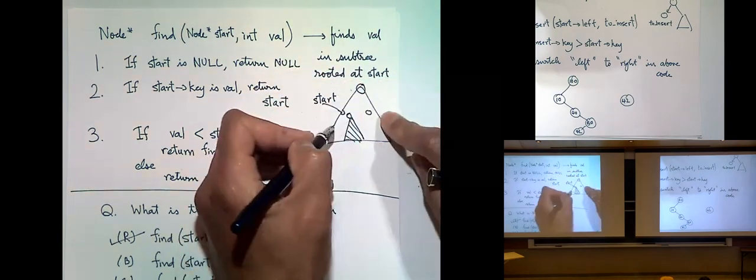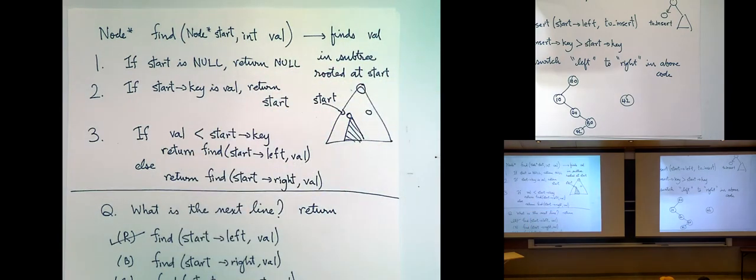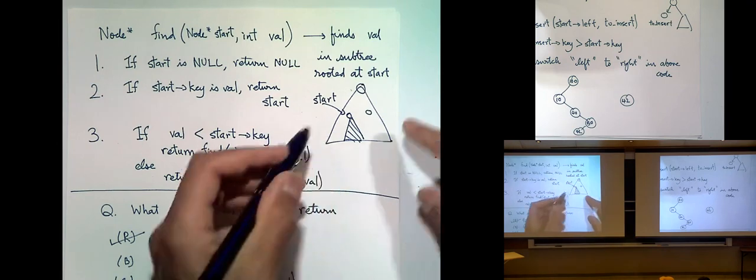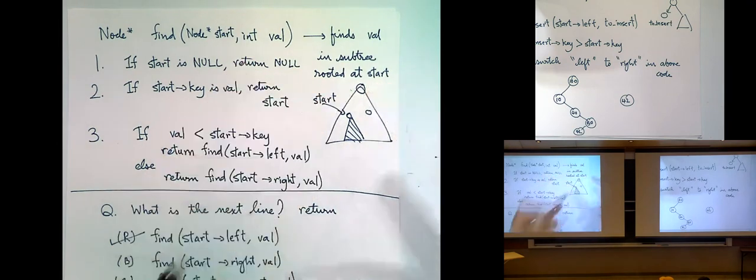Technically, the mathematical proof of this is by induction, which is sort of the mathematical equivalent of recursion. But the way to think about it is, if the value exists, then it's obviously some descendant of the root node, right? If it's a descendant of the root node, it's either a descendant of the left node or a descendant of the right node, or it's at the root.